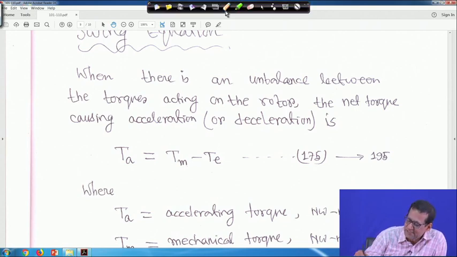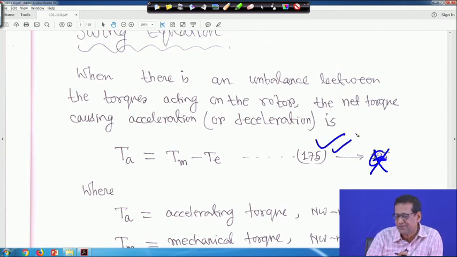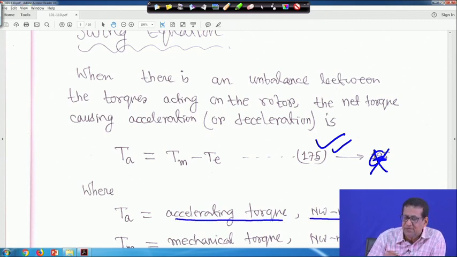This equation is 175, that is T a is equal to T m minus T e, where T a is the accelerating torque in Newton meter, and T m is the mechanical torque, also in Newton meter.